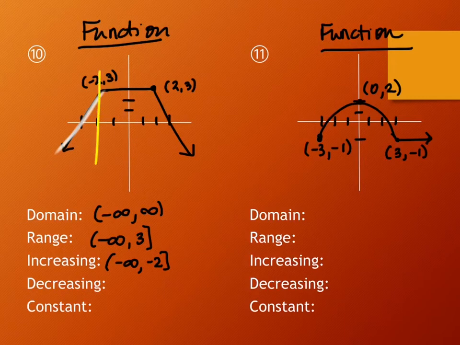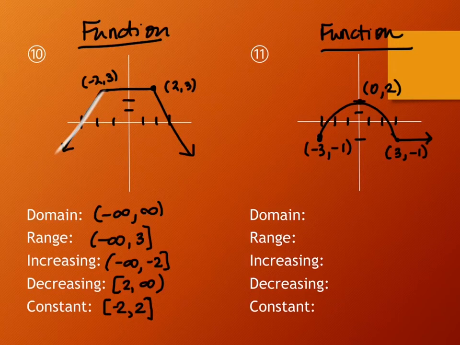That is the location in terms of the x value where I stop increasing. What happens after that? It's constant. Starting at negative 2 until I get to what? Positive 2. And then what happens after that? It decreases from 2 to positive infinity. I told you we were going to get a constant one in there, right? Now we do. Yay!